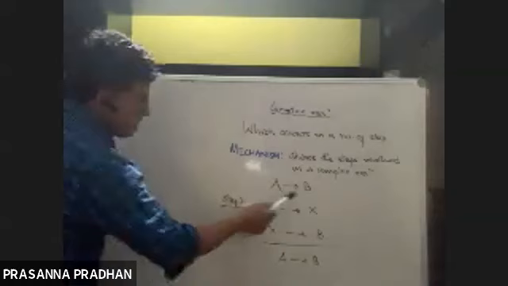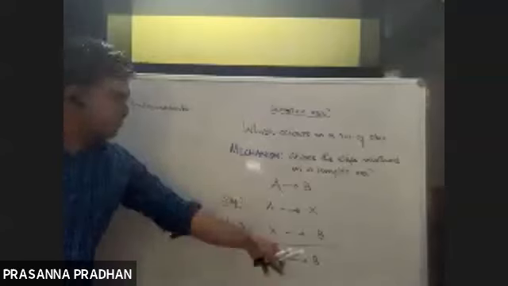Species which are formed in the mechanism but do not appear in the overall reaction are known as reaction intermediates. Reaction intermediates are species which are formed during a complex reaction, but they do not appear in the overall reaction.